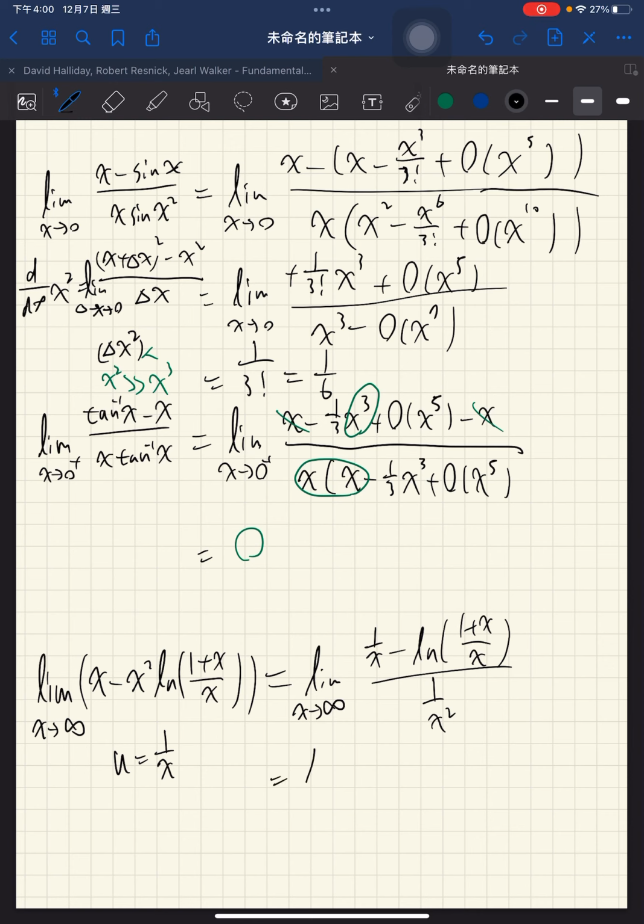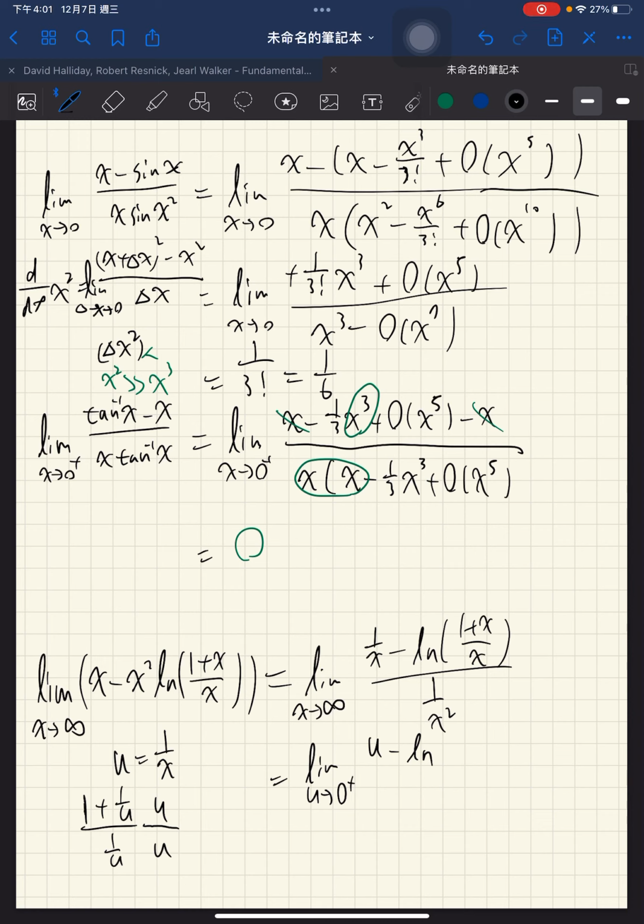So we will have limit u goes to 0 plus of u minus natural log of, and we need to calculate this, 1 plus 1 over u divided by 1 over u and multiply both sides by u.